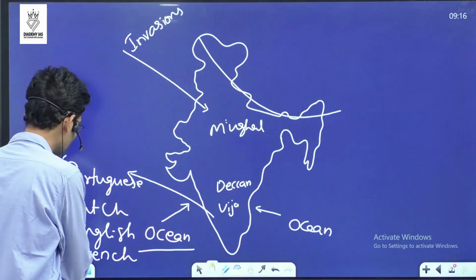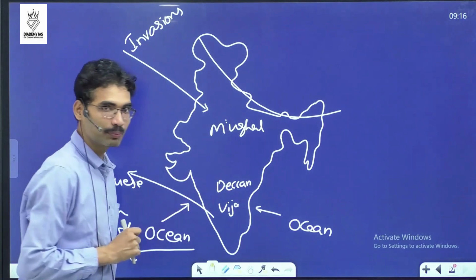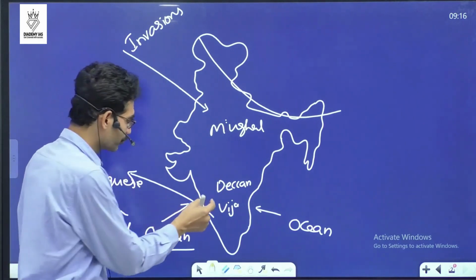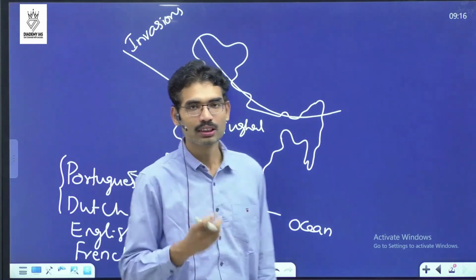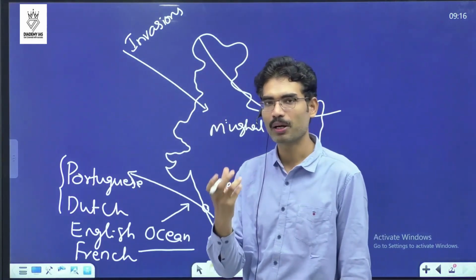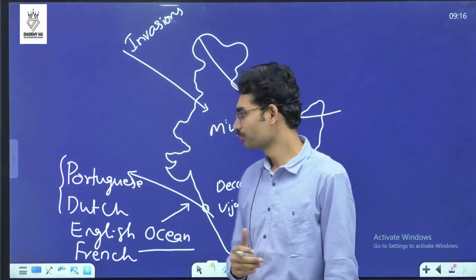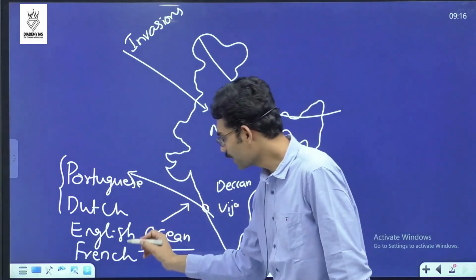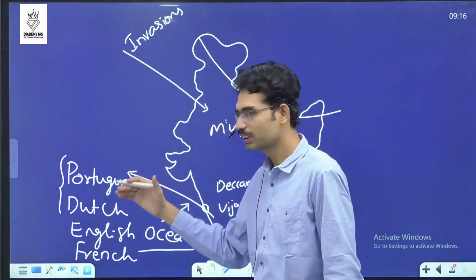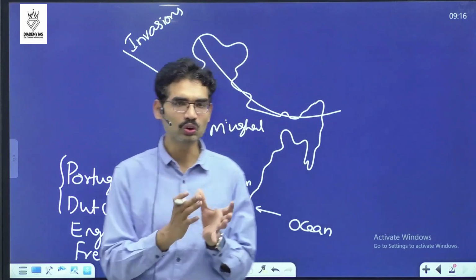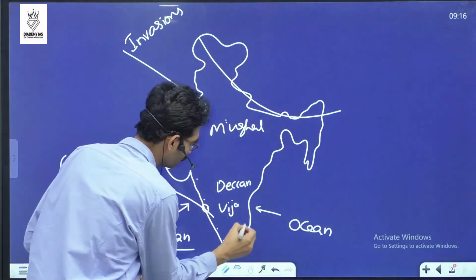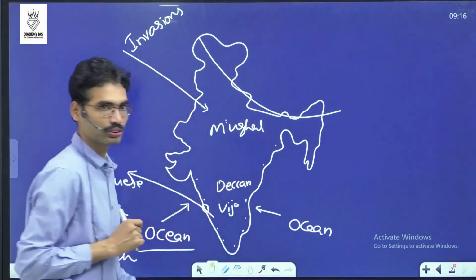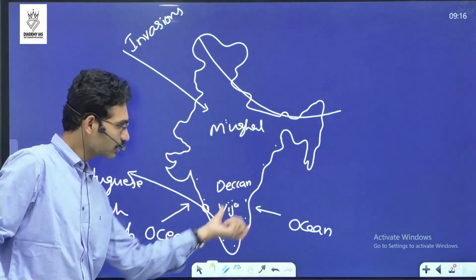Initially, the Portuguese were involved in Deccan politics. For example, Goa later became the capital of the Portuguese. This Goa was initially part of the Bijapur kingdom. Similarly, the English, French and Dutch companies took different trading posts on the east coast and west coast.